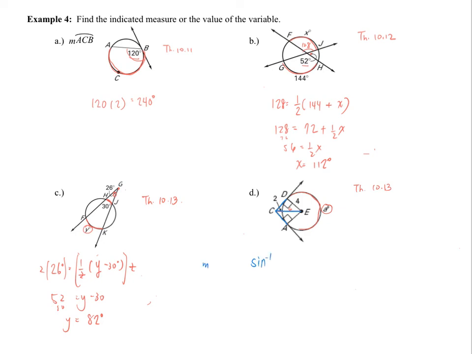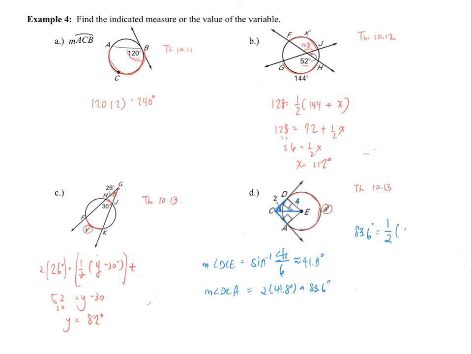So measure angle DCE would be equal to the inverse of sine. If we look at this angle here, opposite over hypotenuse, 4/6. And this would be equal to about 41.8 degrees. You can just use your calculator. And then measure angle DCA will be equal to twice 41.8 degrees, which would equal 83.6 degrees. And now we can apply the formula. Since we know this angle measure, then we could do that.